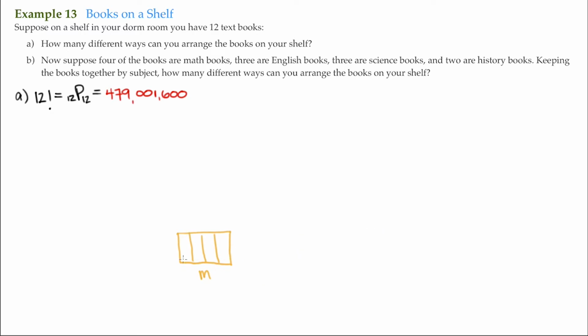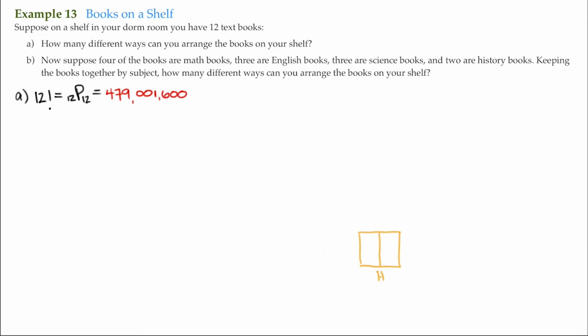If you look at just the math books, if there are 4 books, there's 4 factorial ways that I could arrange just the math books on the shelf. For the English books, there's 3 factorial ways that I could arrange just the English books. For the science books, 3 factorial ways to arrange the science books.